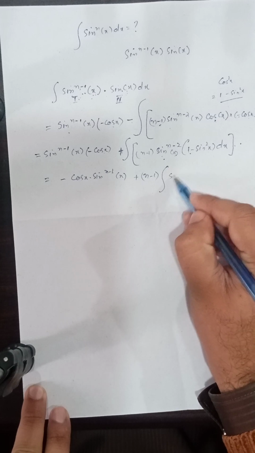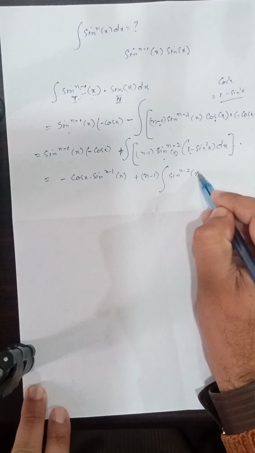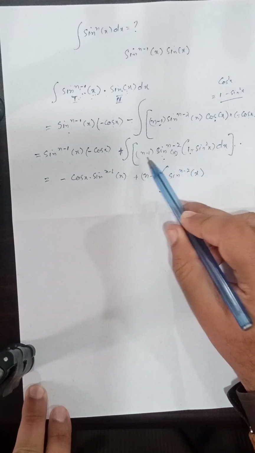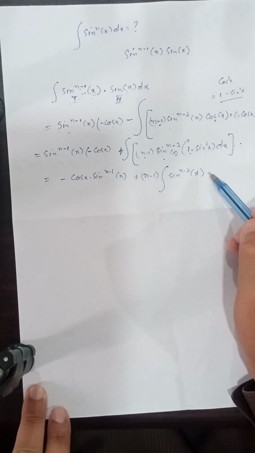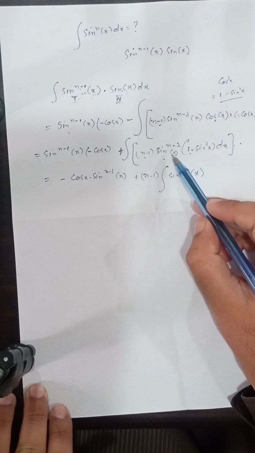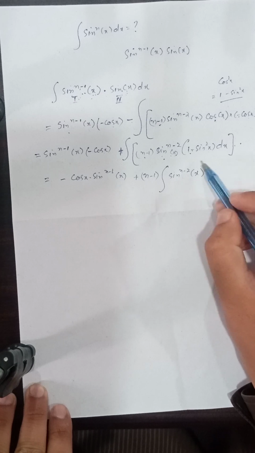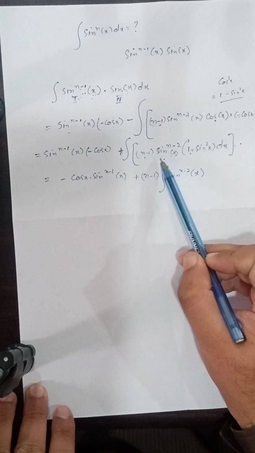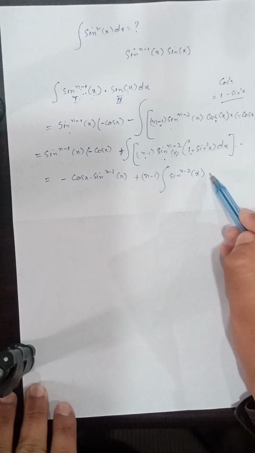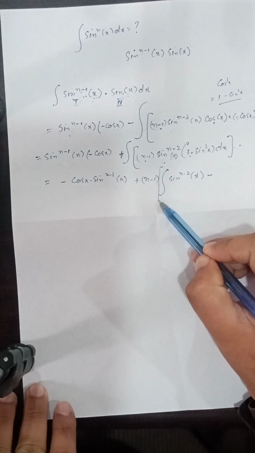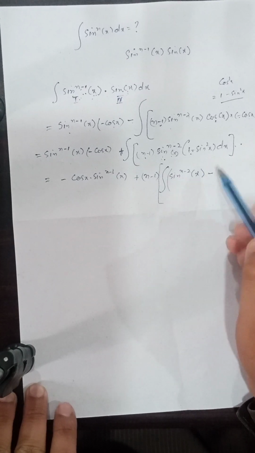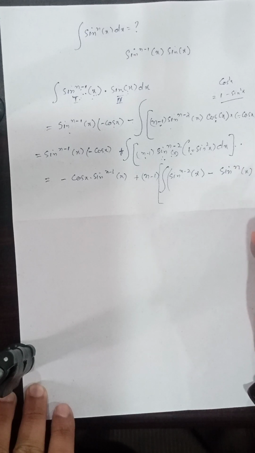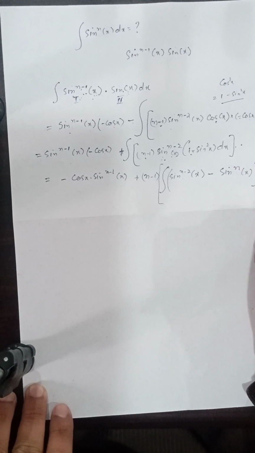So multiply sine power n minus 2 of x to this function, so it is sine power n minus 2 of x plus, and minus with this minus, sorry, it will again be multiplied with this function. Multiply these two functions, it is sine power n minus 2 and minus sine power n of x with respect to x.